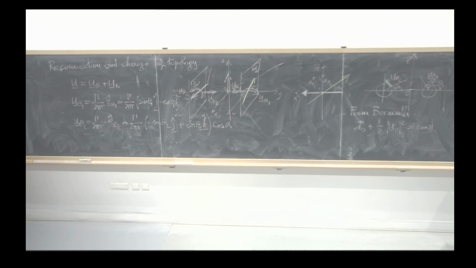So I can work out U0 squared, and this is gamma over 2 pi r, with my little algebra, 1 plus cos alpha, and this is squared.